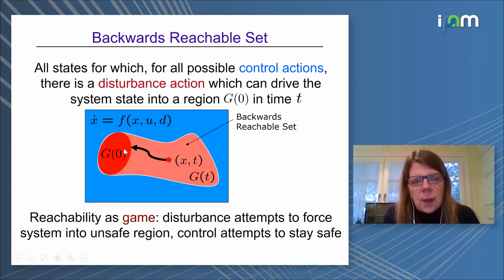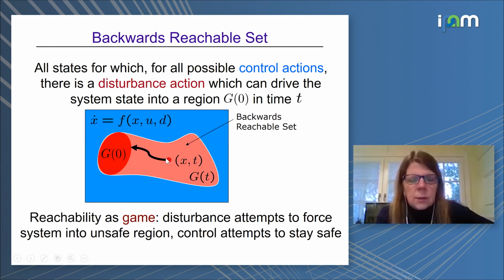So I've colored it red for danger states. The backwards reachable set is all states over a time horizon t, so this set G of t is all states for which, for all possible control actions, there's a disturbance action that could push the system into this set G at time 0 in at most t time units.